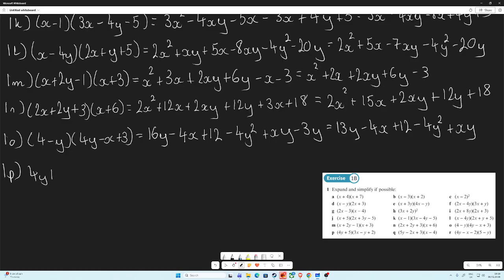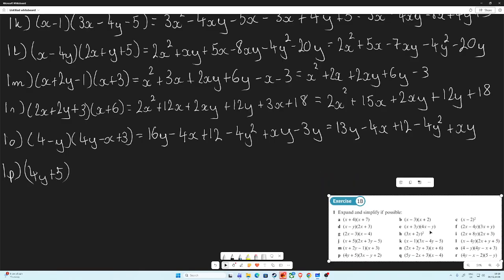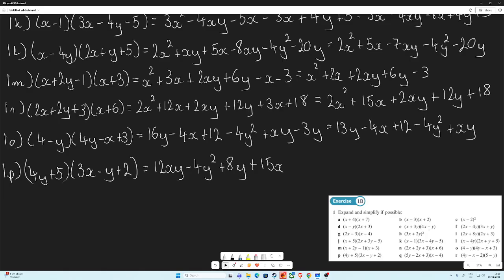Okay, 1p. 4y plus 5 times 3x minus y plus 2. So that is 12xy minus 4y squared plus 8y plus 15x minus 5y plus 10.